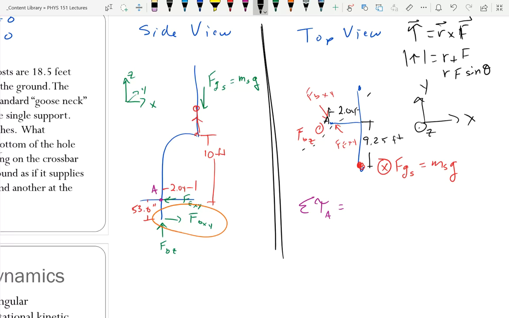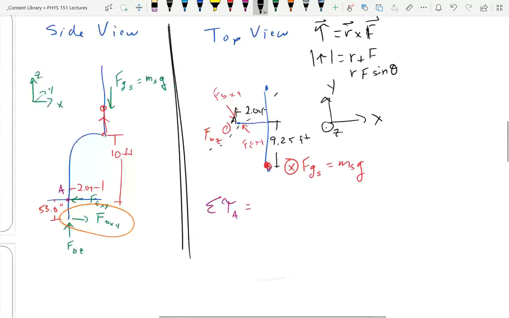If we look at the top view, we can see that the perpendicular distance between A and where the person stands is the hypotenuse of a right triangle. And so our perpendicular for this force is simply going to be 2 yards, which is 6 feet.